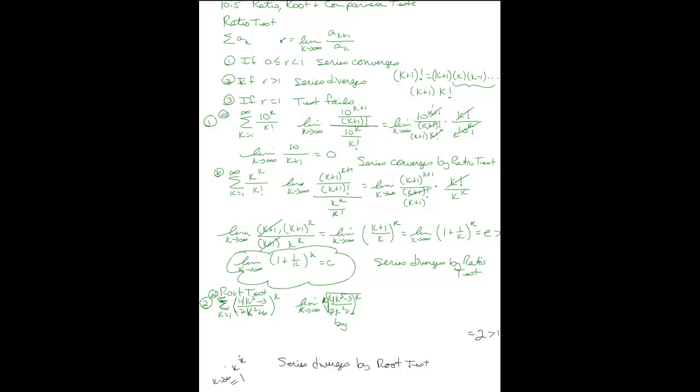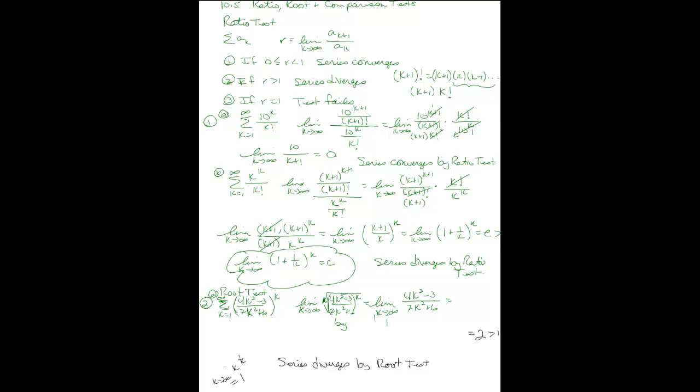Because if I take the kth root of something to the kth power, the k's cancel, so now I'm down to the limit as k goes to infinity of (4k^2 - 3)/(7k^2 + 6).